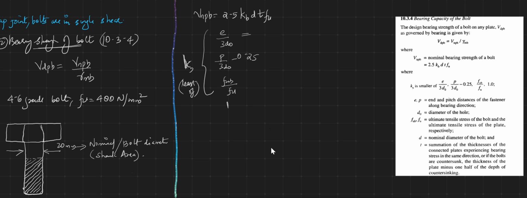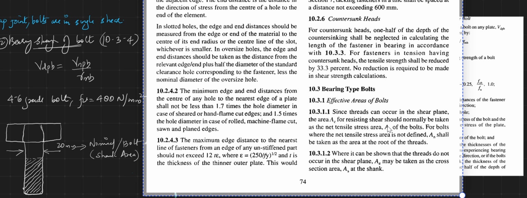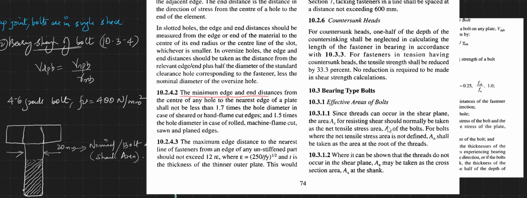In IS 800:2007, clause number 10.2.4.2, you could see the minimum edge and end distance from the center of any hole to the nearest edge of the plate shall not be less than 1.7 times the hole diameter in case of sheared or hand flame cut edges. We'll see sheared or hand flame cut edges because we will not go into rolled or machine cut. So the minimum edge or end distance is 1.7 times the hole diameter.